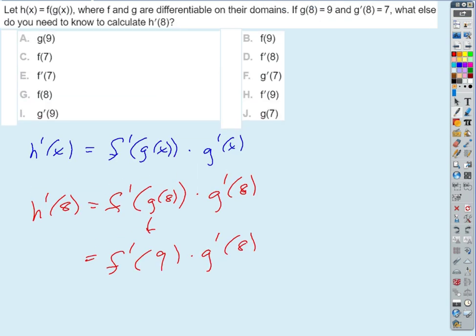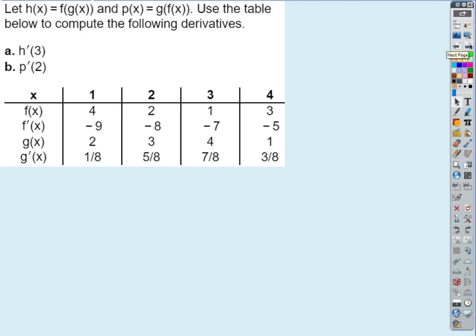What did they give us? They gave us g prime of 8, which we needed, and they gave us g of 8. But what did they not give us? F prime of 9. So what we would need is that guy, f prime of 9. Make sense?